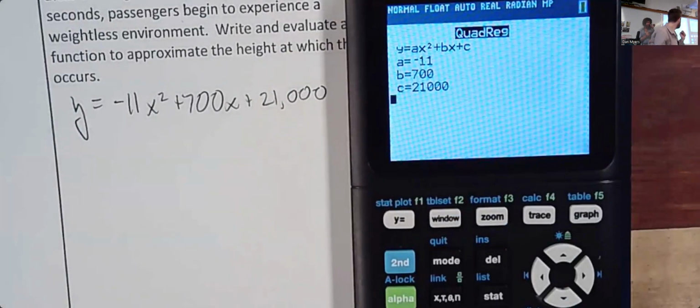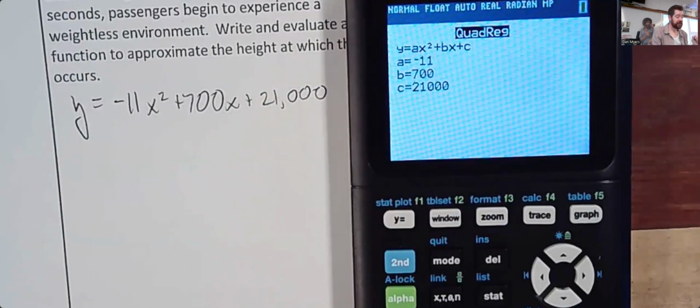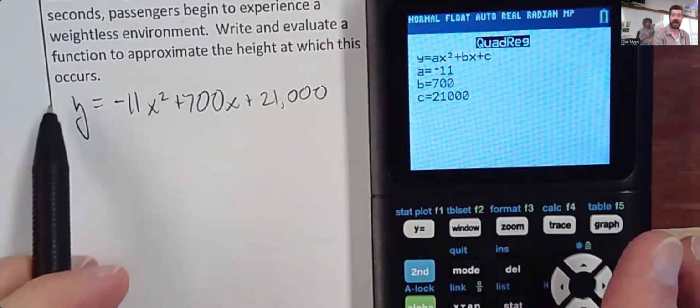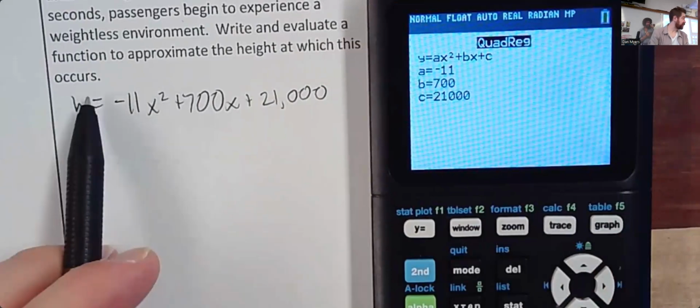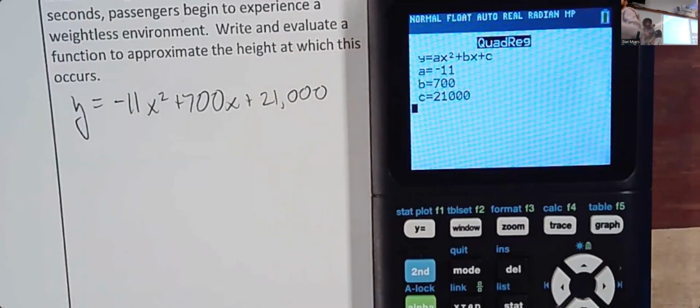All right. Once we have that, we have to figure out the height at which the weightlessness is occurring, which would be the top of the parabola, which in the case of this problem would be the vertex. So actually, you know what? We don't need to figure out the vertex because it gives us an x value.